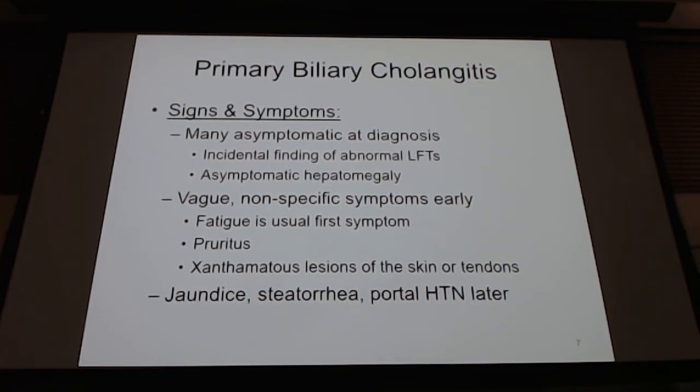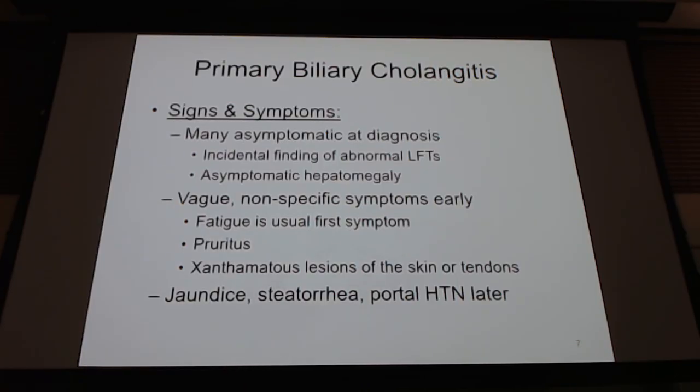So, primary biliary cholangitis. It's often an incidental finding: abnormal LFTs typically show up, asymptomatic, with an enlarged liver. Fatigue is usually the first symptom. I don't like it when people come to me and say, I just feel tired. What does that mean?